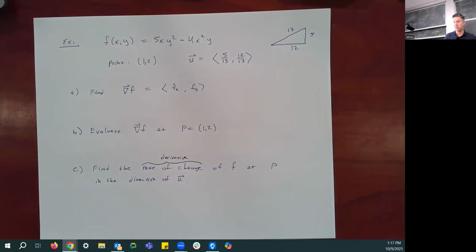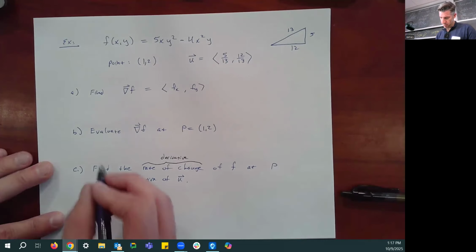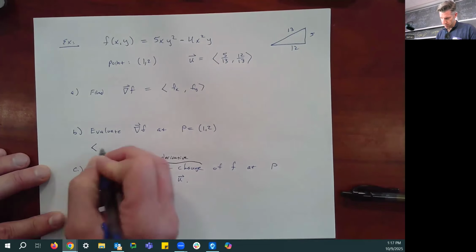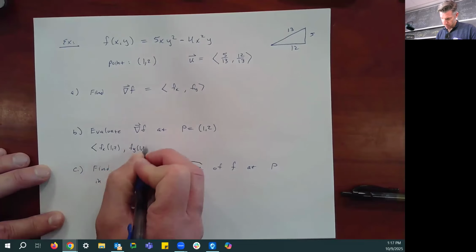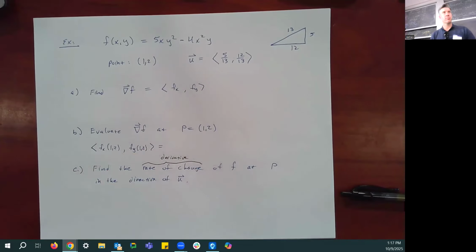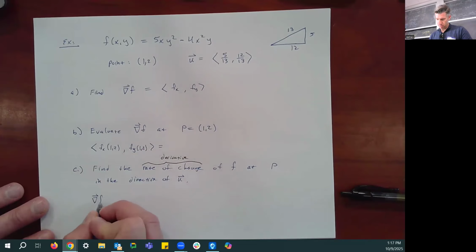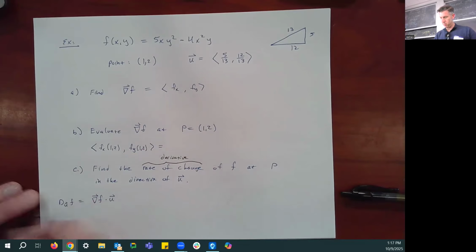Then after you've got that, find the directional derivative by doing the dot product of the two things. I'll give you a couple minutes to work on that.